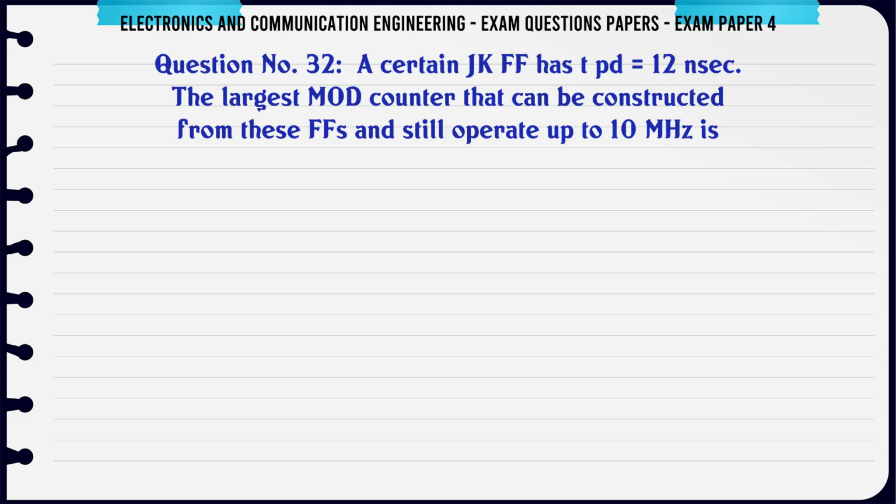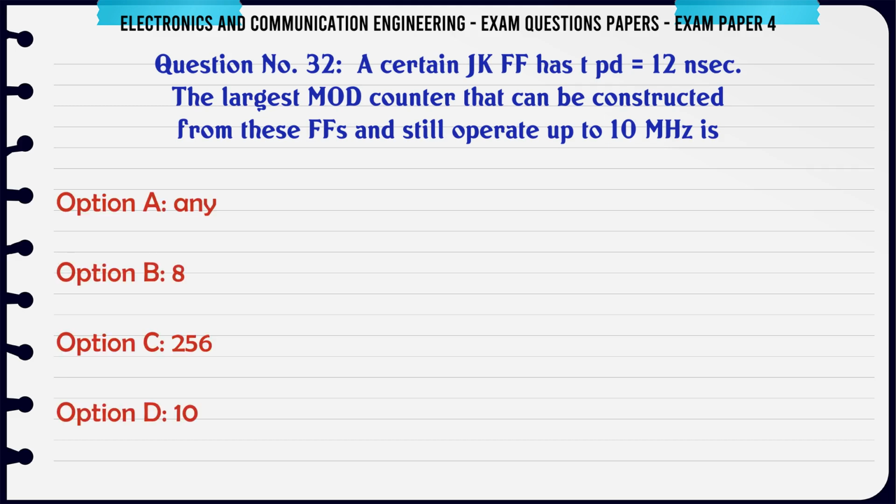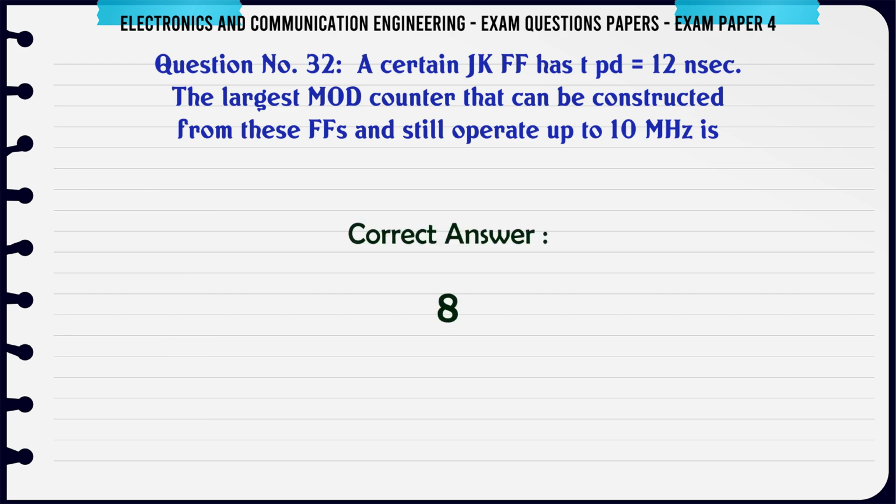A certain JK flip-flop has tpd of 12 ns. The largest mod counter that can be constructed from these flip-flops and still operate up to 10 MHz is: A. none, B. 8, C. 256, D. 10. The correct answer is 8.